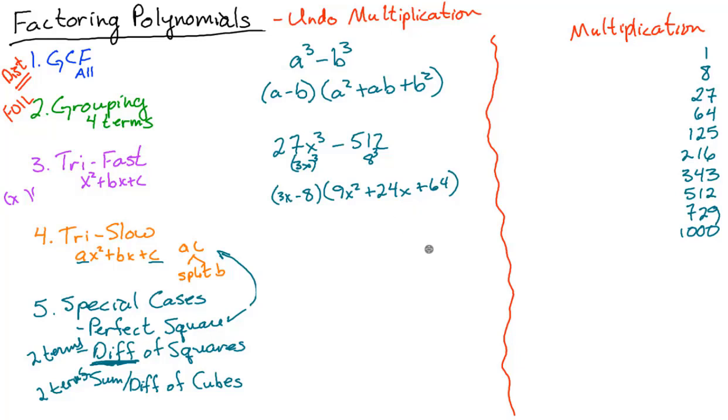And as surprising as that is, when you multiply these guys out, all of the middle terms will cancel, and it will be left with 27x cubed minus 512. Fascinating. Difference of cubes.